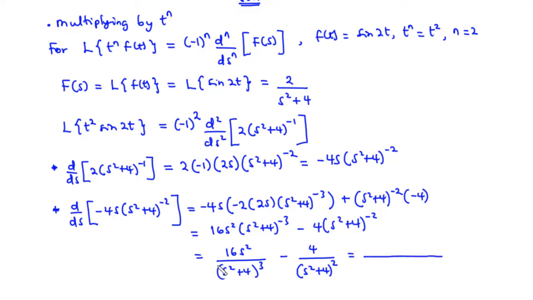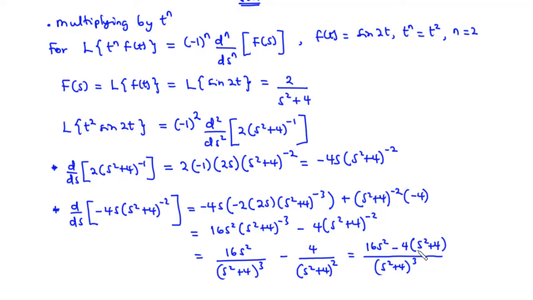So we have the LCM to be (s squared plus 4) all cube. So this divided by that, we have 1. So 1 times 16s squared is 16s squared minus this divided by that, we are left with s squared plus 4. So we are going to have minus 4 times (s squared plus 4).